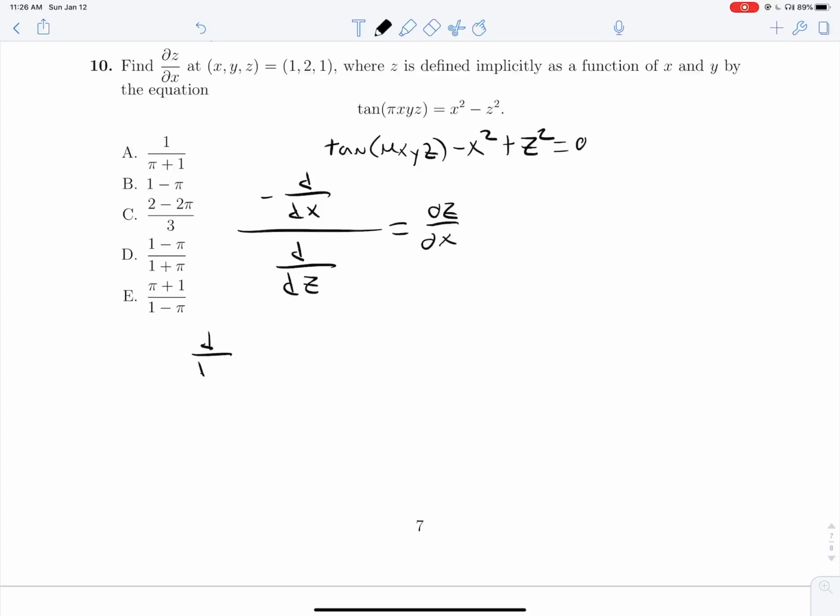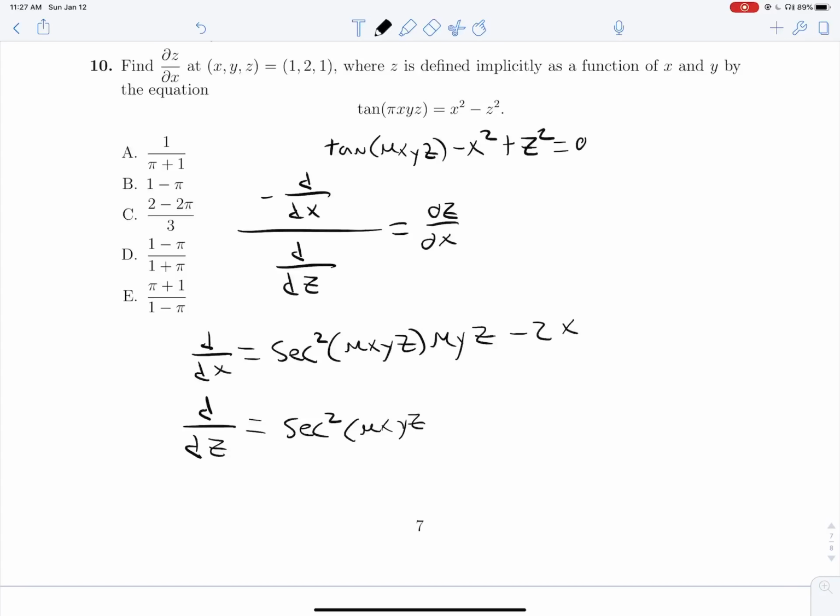So dF/dx is going to give us secant squared of pi xyz times pi yz minus 2x, and dF/dz will give us secant squared of pi xyz times pi xy plus 2z.